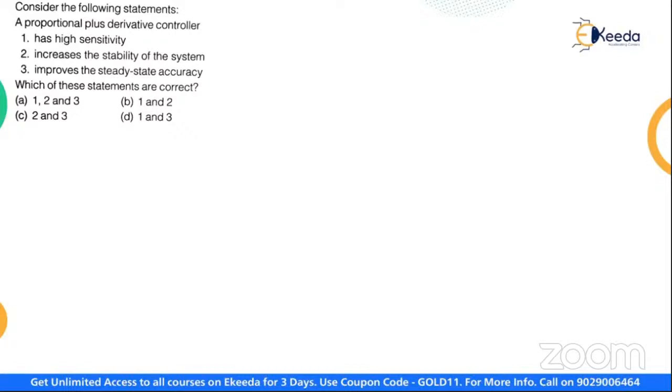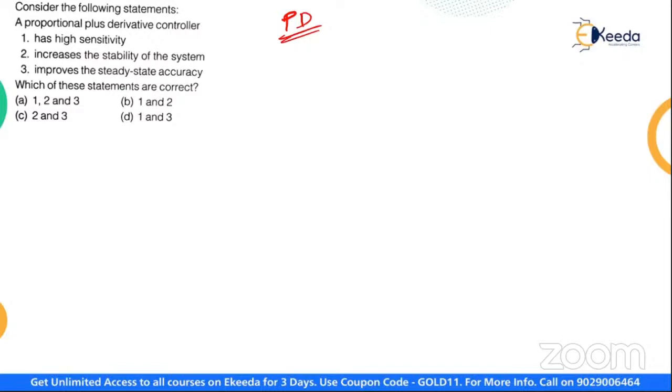So let us see the first question. Consider the following statements. A proportional plus derivative controller has high sensitivity. Proportional plus derivative means PD controller, P for proportional, D for derivative. Now, they are asking: has high sensitivity, increases stability of the system. What is there?